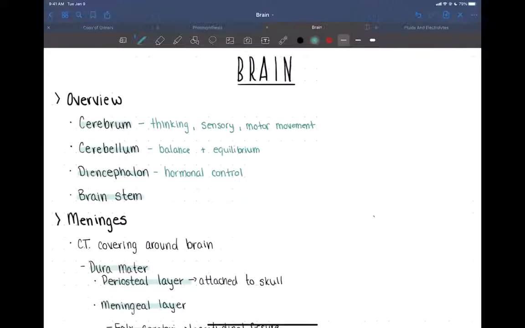The diencephalon is also involved in smooth muscle control, so this would be involuntary muscle, and temperature regulation, as well as many vital functions. We'll talk about those. So that's the diencephalon, and then we have the brainstem.